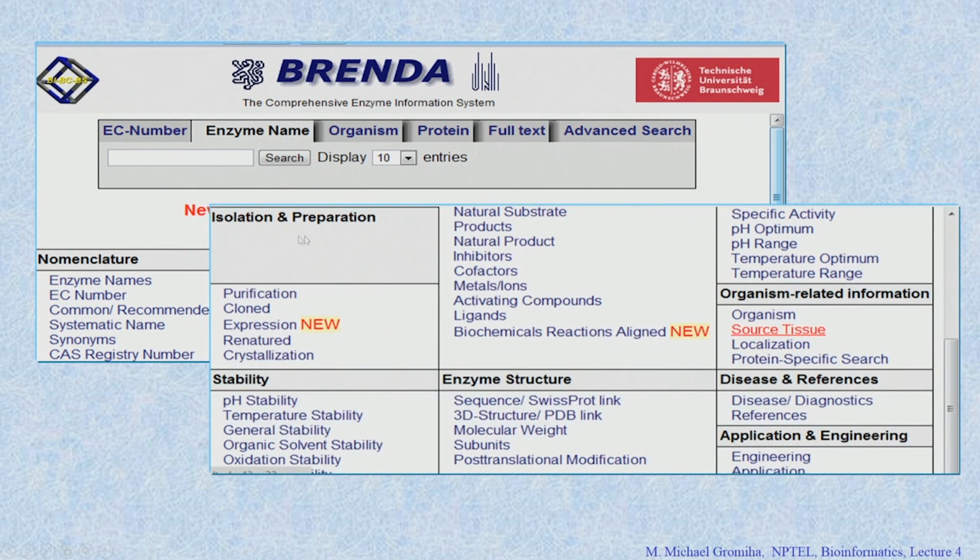It also contains data on isolation and preparation, how they prepare the enzymes, and the stability, structures and different diseases. They also give information regarding applications and engineering, meaning where the enzyme is applied, because several enzymes are applied in industries. All this information is given in the BRENDA database. This is the website, brendaenzymes.org, so you can get the information from this website.